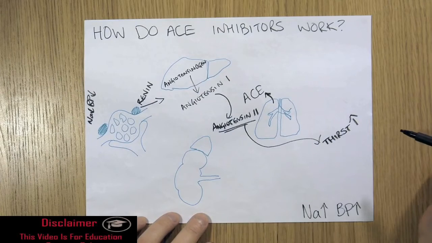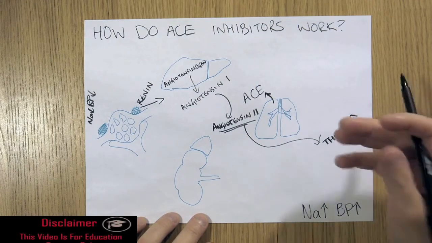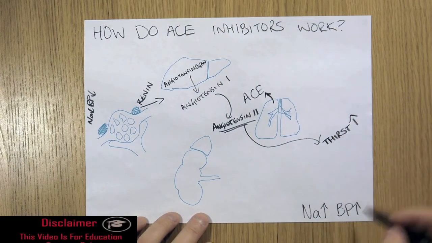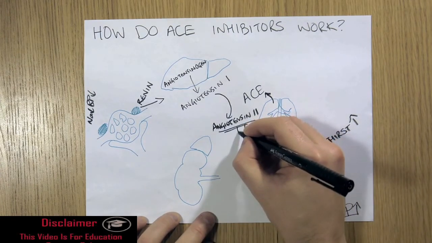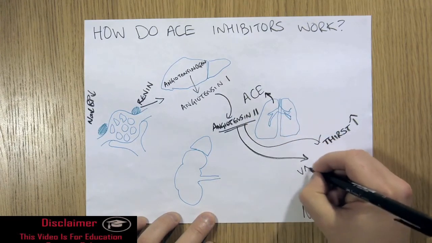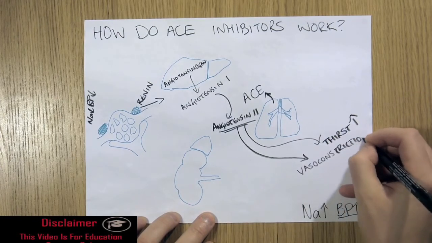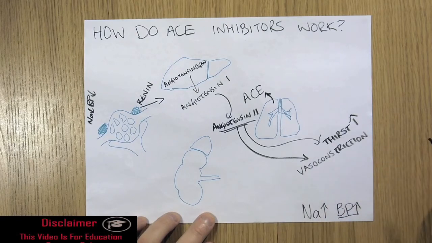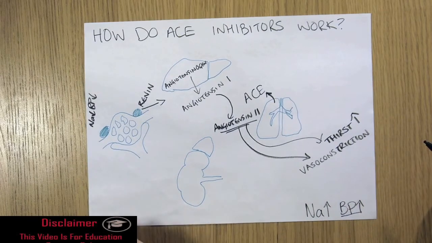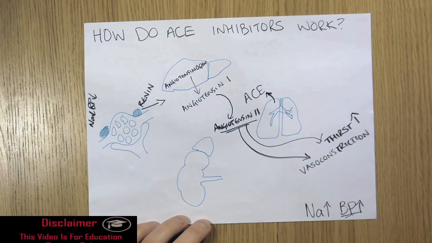Now if you increase thirst, you drink more water, and that water has an effect to increase the volume in your blood. So essentially increases your blood pressure. So it accomplishes that way. The second thing that it does is vasoconstriction. So the angiotensin II vasoconstricts your blood vessels, and if you constrict them, you'll increase the pressure. So in that sense, it increases the blood pressure.